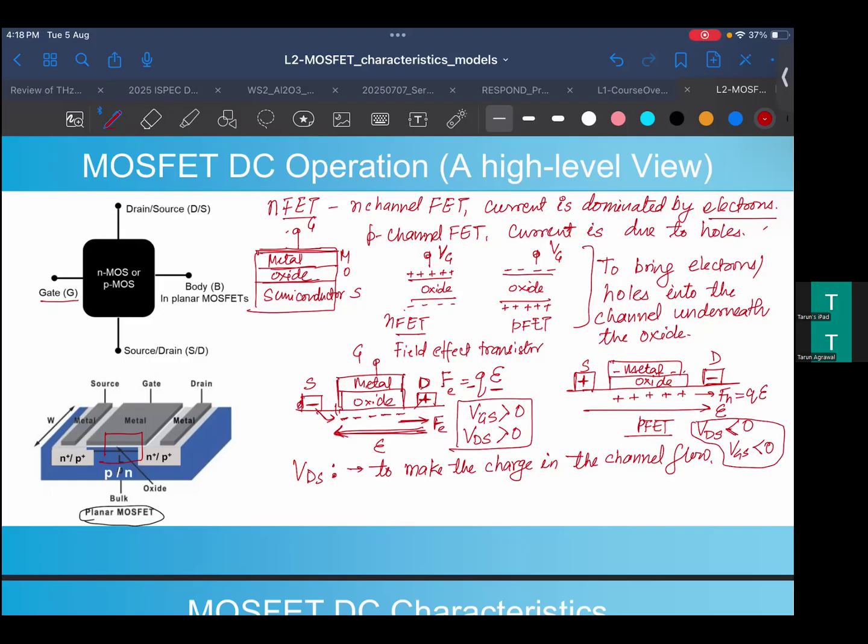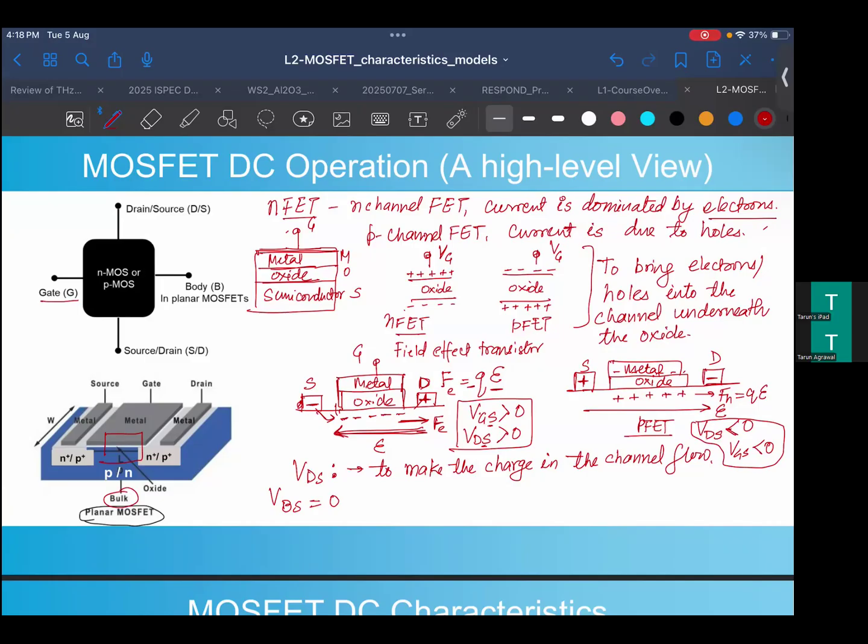And what about the body? You can ask, because there's another terminal which we talked about, the bulk. Typically VBS is always made 0, because the body is tied to the source. We are defining all these voltages with respect to the source terminal; it's the voltage difference which we are defining, so we have to make some reference terminal based on which we can define the voltages.